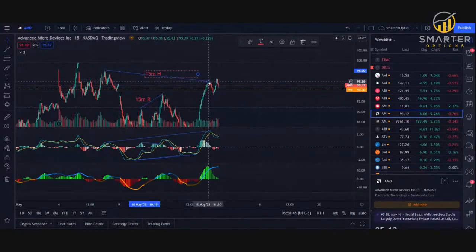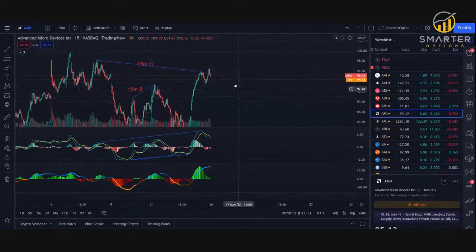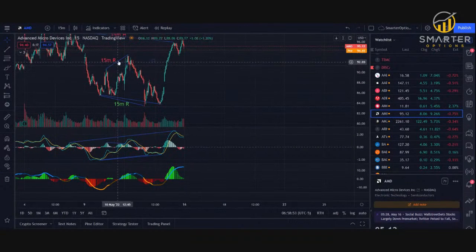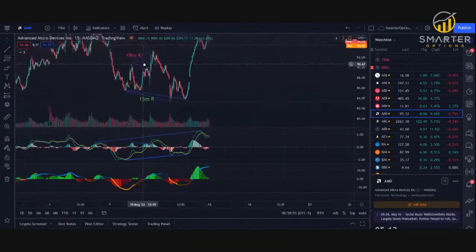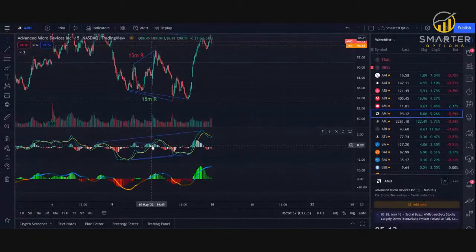And sure enough, that resistance held and came down. Here's a 15-minute regular bearish. You can see we were getting higher highs but lower highs. 15-minute regular, lower lows, higher lows. And each time it bounced off those levels.